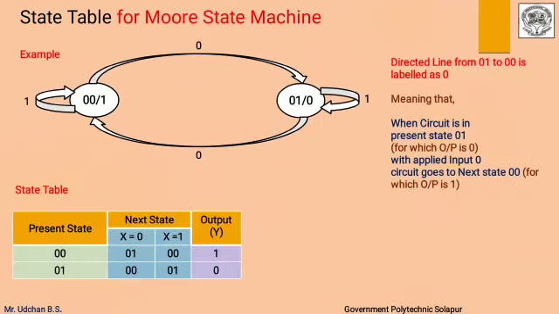Now we will learn how to write a state table for the given Moore state machine. Again here, this is the state diagram and this is written in the form of state table.